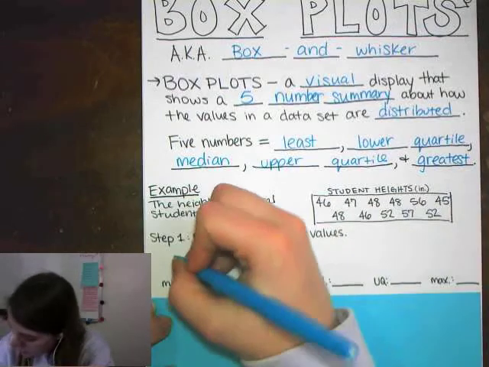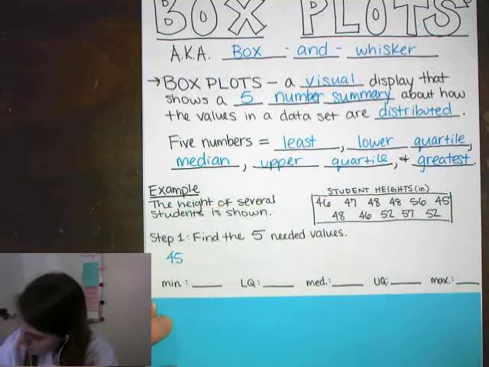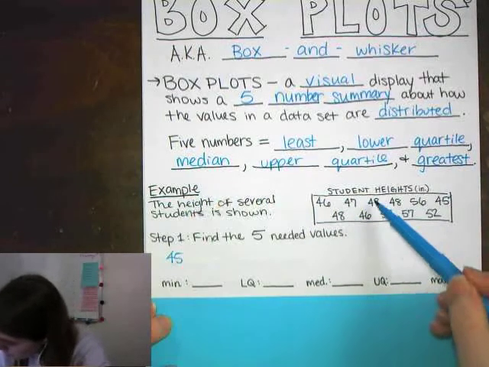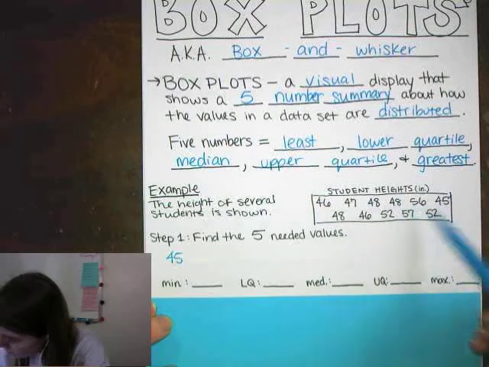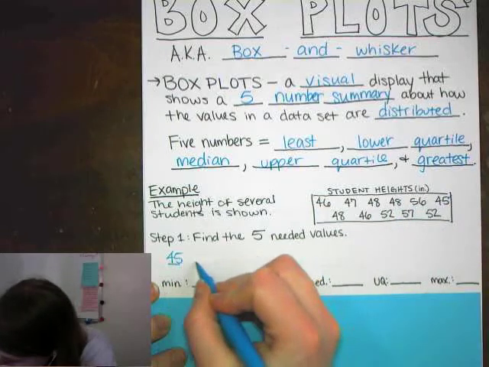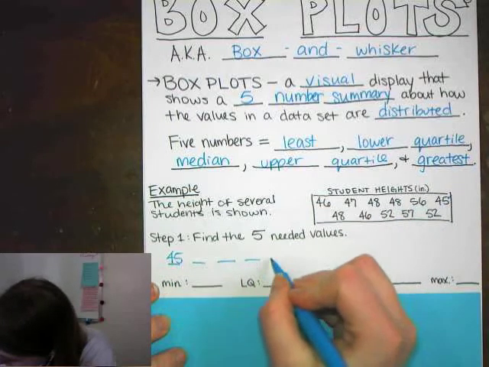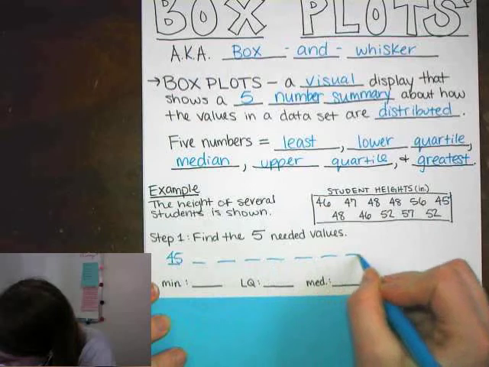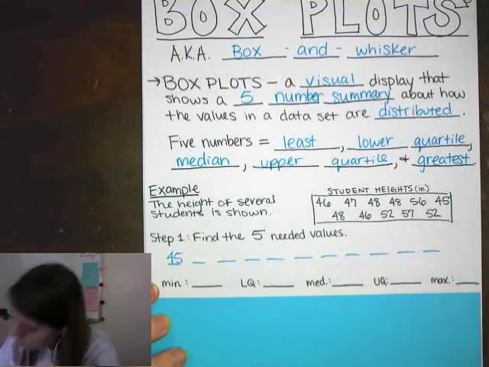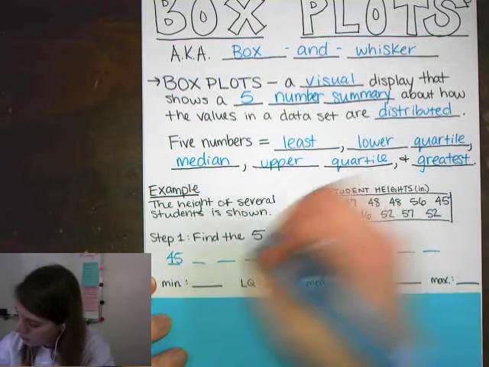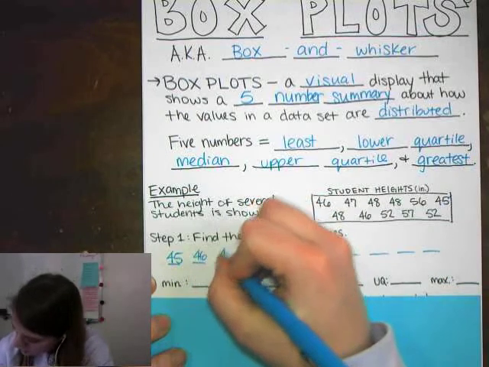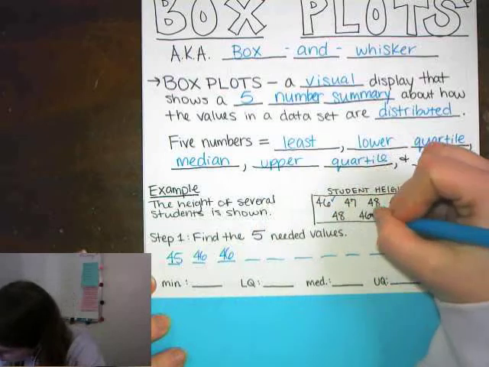So 45 it looks like. Let me do my lines. 1, 2, 3, 4, 5, 6, 7, 8, 9, 10, 11. Okay. 1, 2, 3, 4, 5, 6, 7, 8. Good spacing. Okay, 45. 46, and I see 2 there.